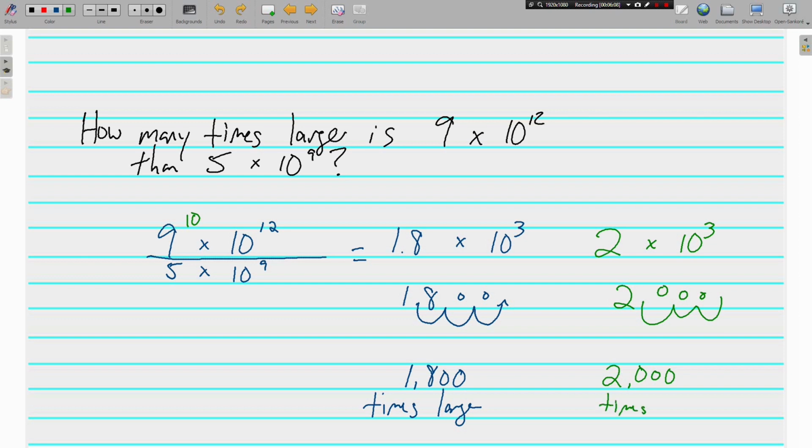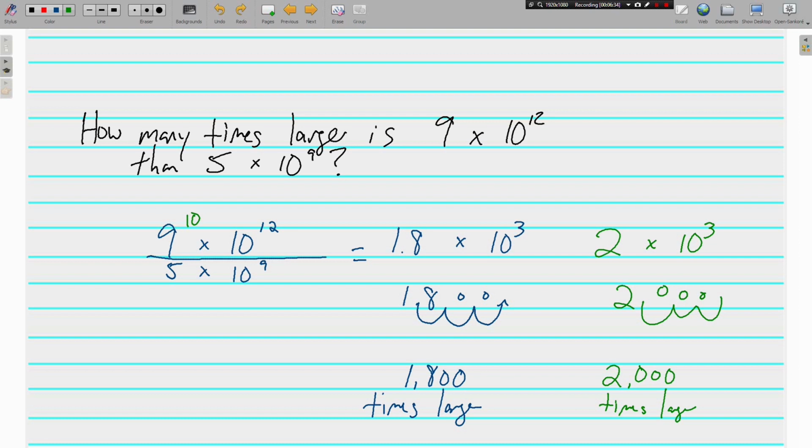If this was a test question, I'd probably accept either way, just as long as you're showing your work, know where your answer comes from, and your rounding wasn't ridiculous. So a couple of ways to look at that problem when the 5 doesn't go into 9 exactly.